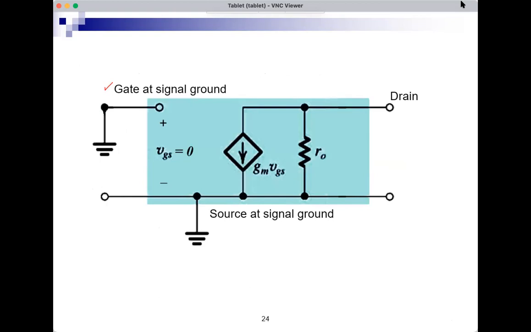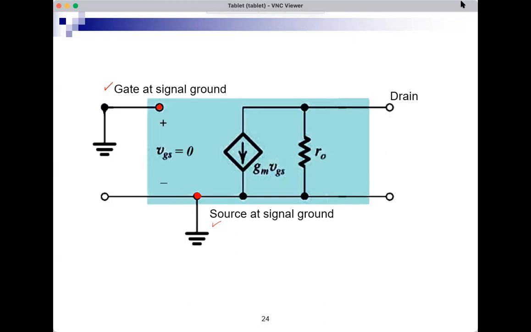This means signal ground. The source is also at a pure DC level, so this means that the source is at signal ground. So this is the gate and it's grounded, right? This is ground. This is the source and it's grounded. This is the rest of the MOSFET, GMVGS parallel RO.